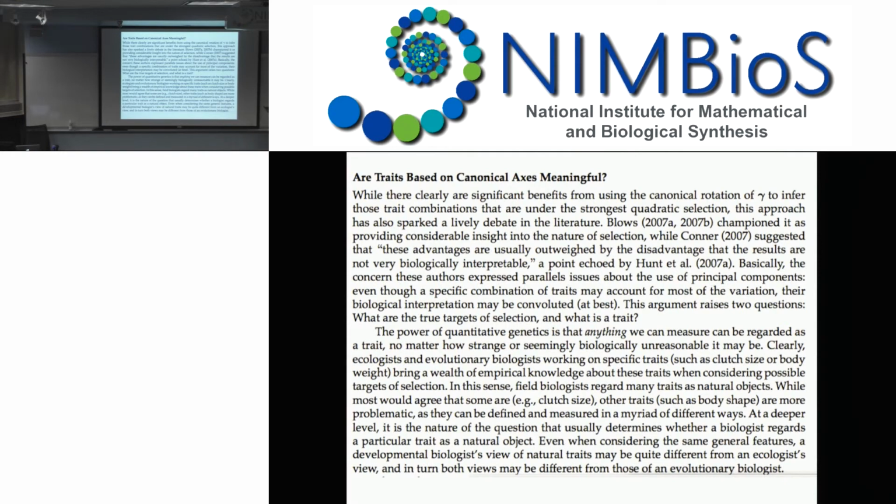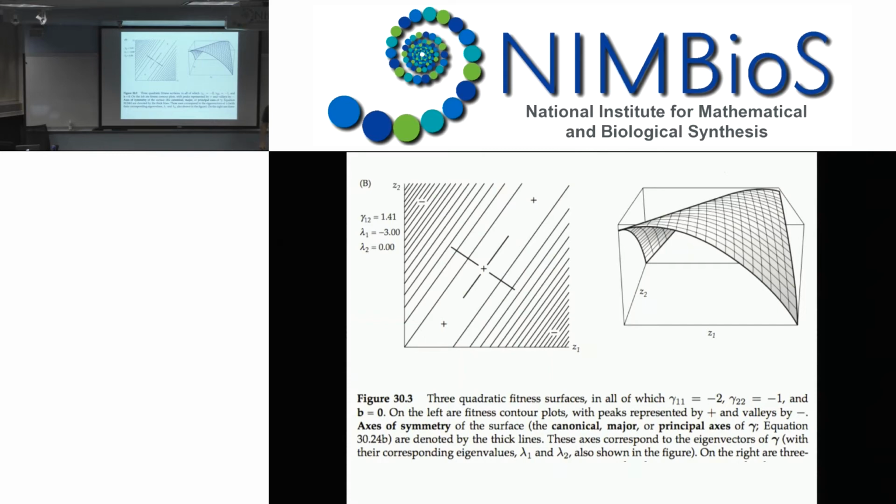And so the nice thing about this is one big issue people thought was, are these meaningful? And Connor said, the advantages are usually outweighed by the disadvantages. Results are not very biologically interpretable. Well, that's true for PCs, but biology doesn't care about how you define traits. Biology cares about what selection views those traits as.